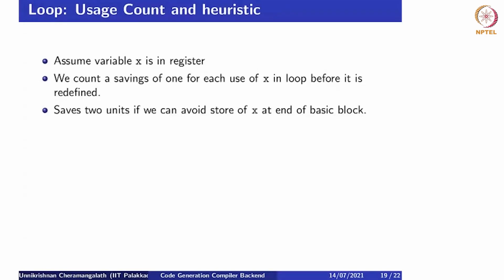So if a value available in the register is used before it is redefined, we count a saving of 1 because the value is used again. It saves 2 units if we can avoid a store of x at the end of the basic block. So at the end of the basic block, if you want to store a value, why do you need a store?